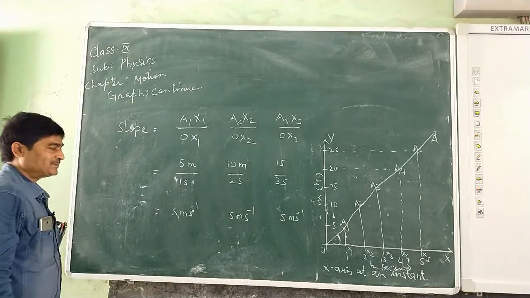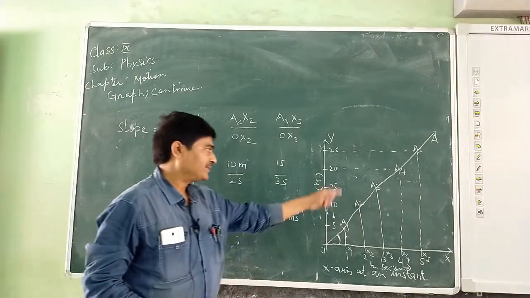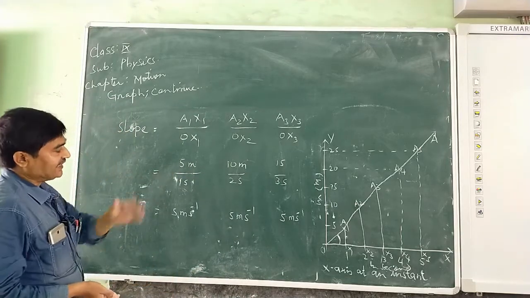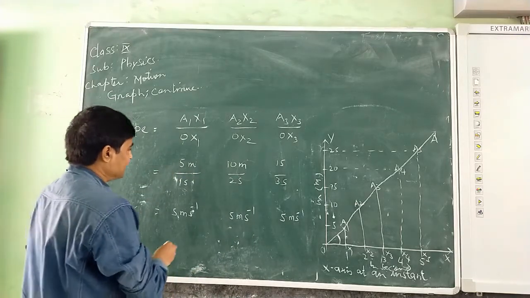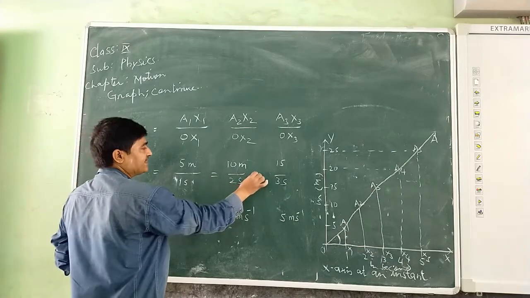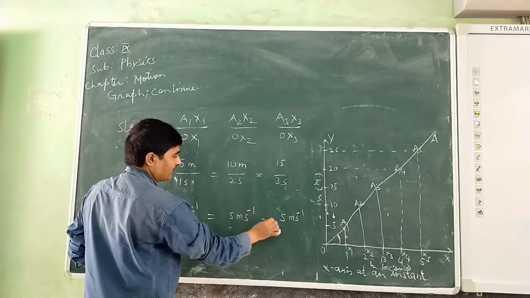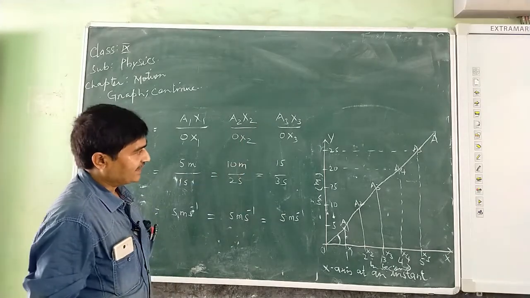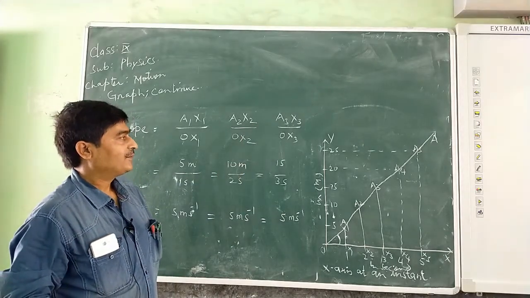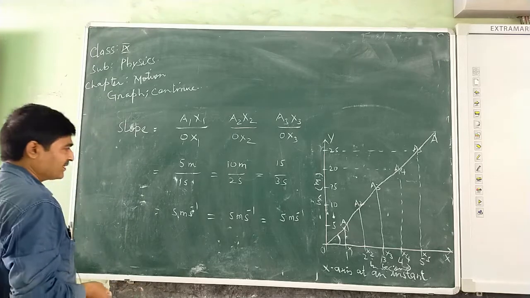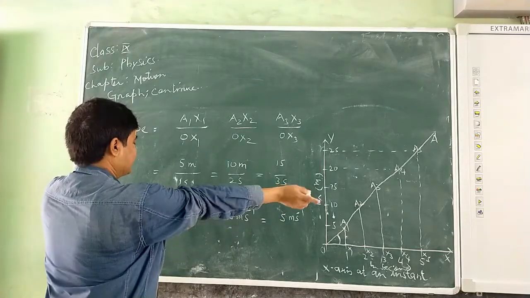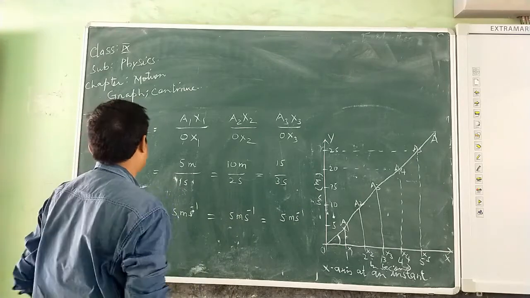Then we see the slope of the graph at any instant is the same, which is the speed, and the speed is uniform. So we have shown here graphically the graph of a body in uniform motion, meaning the body has equal speed at equal intervals of time, at any interval of time.